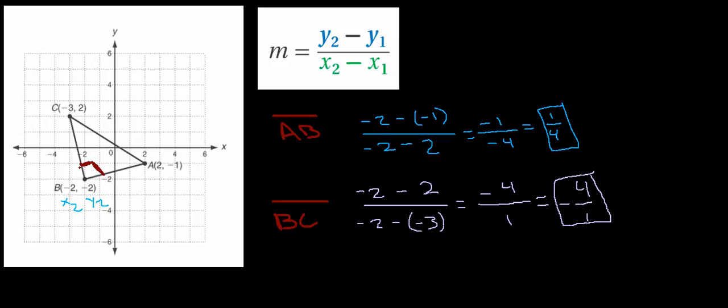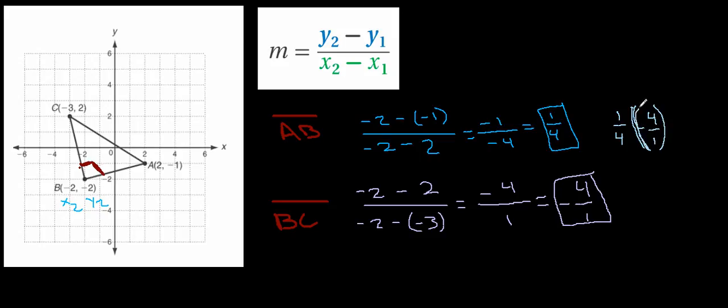I already know they're opposite reciprocals, but now I'm going to take the product just to show you how it's done: 1/4 times -4 over 1.